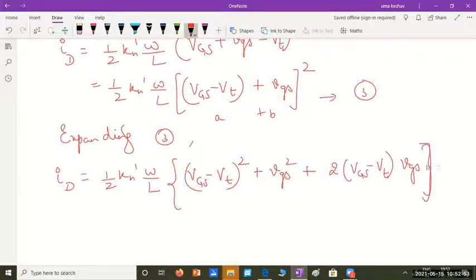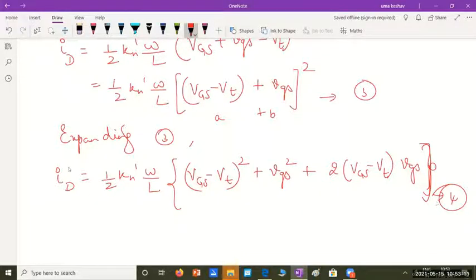Correct? This is our expansion of this part of the equation. So now let me call this equation 4.